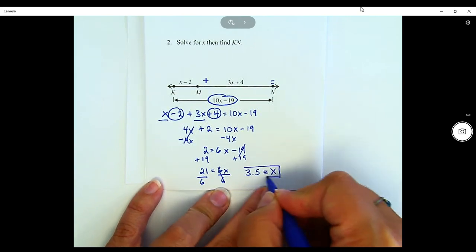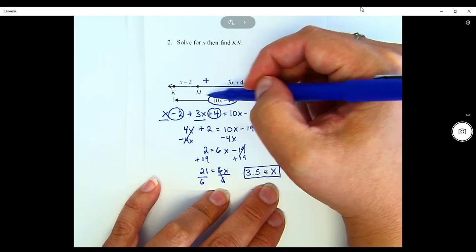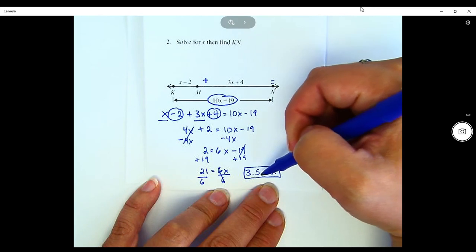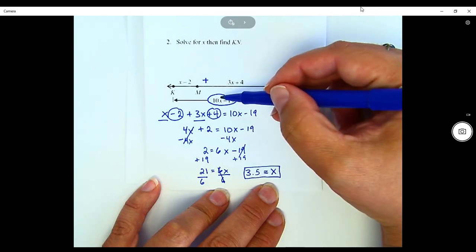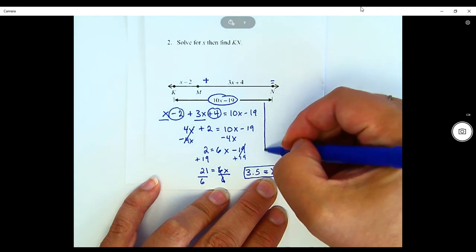So they're solving for x. Now they want us to solve for KN. What I would do is put 3.5 where the x is. I'm going to draw a little line here so you can see what problem I'm working.